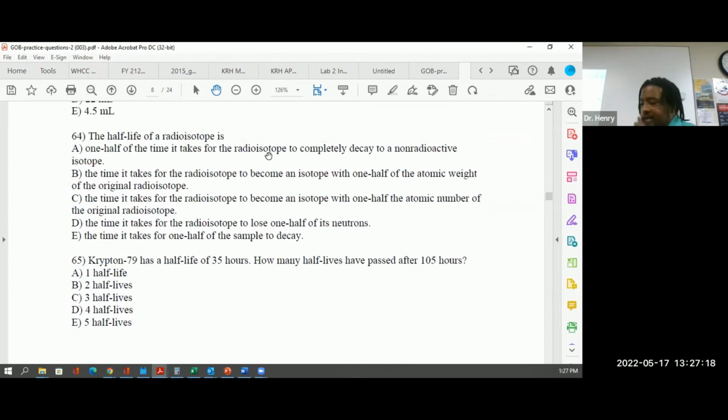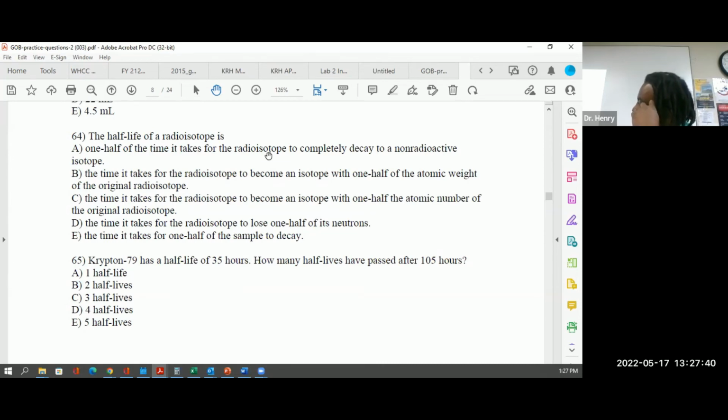Half-life. The half-life of a radioisotope is: A. 1/2 the time it takes for the radioisotope to completely decay to a non-radioisotope.